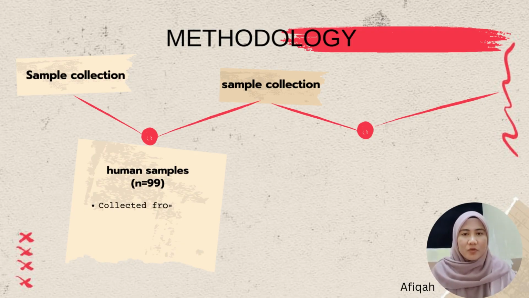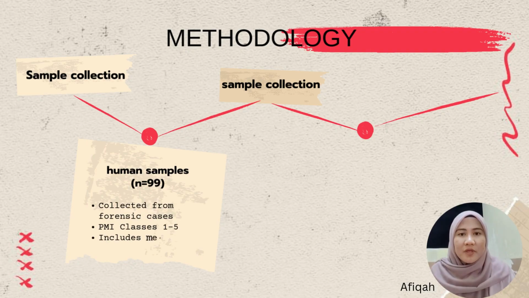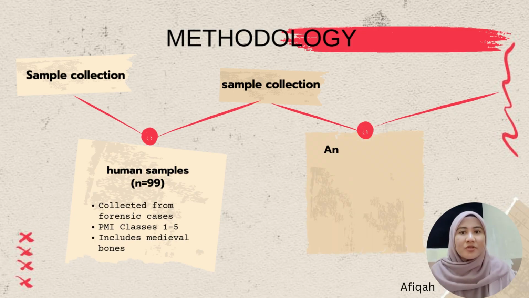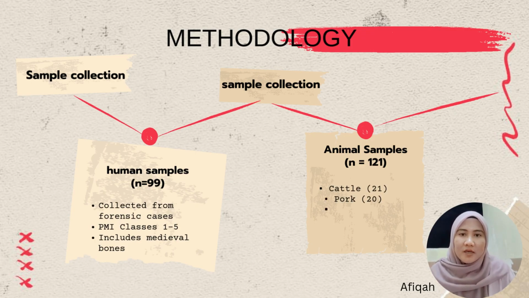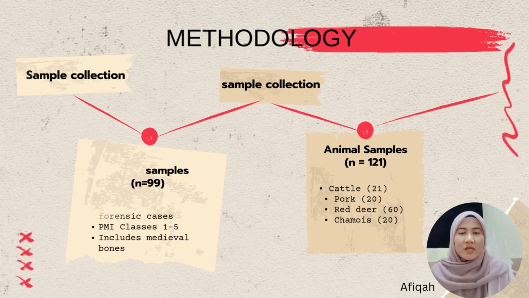They were grouped into 5 postmortem interval classes, and we also included medieval archaeological bones to extend the PMI range. For the animal dataset, we collected 121 samples from cattle, pork, red deer, and camels. These species were selected because they are commonly mistaken for human remains in forensics.